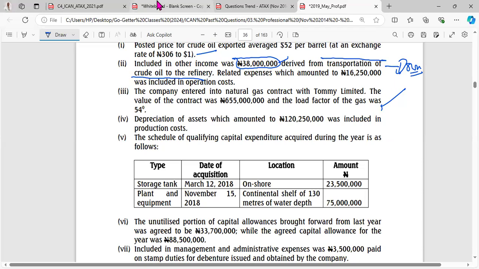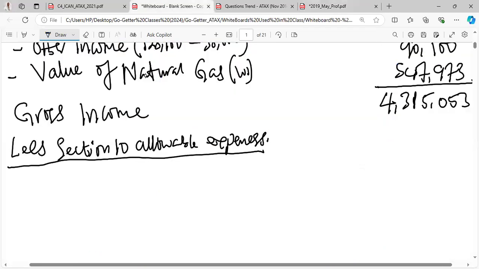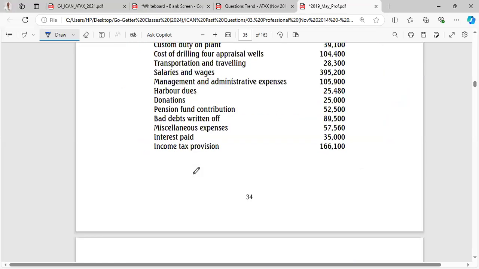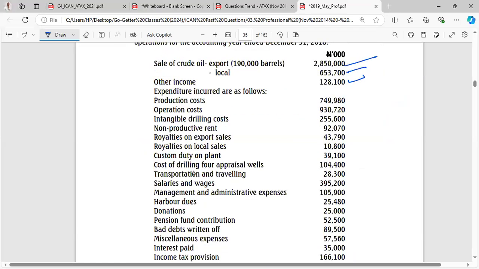So we'll go now, production cost. How much is the production cost? Okay, so let me be lining them like this, the one I've used. So production cost is 749,980.